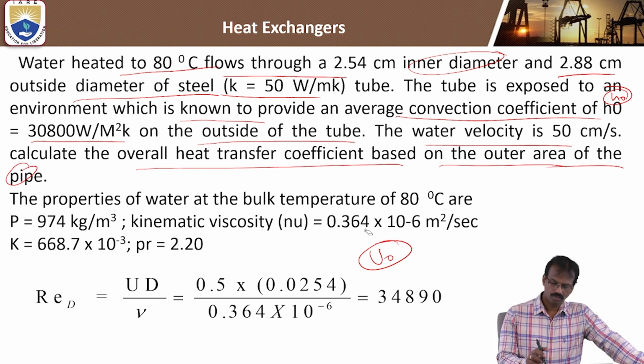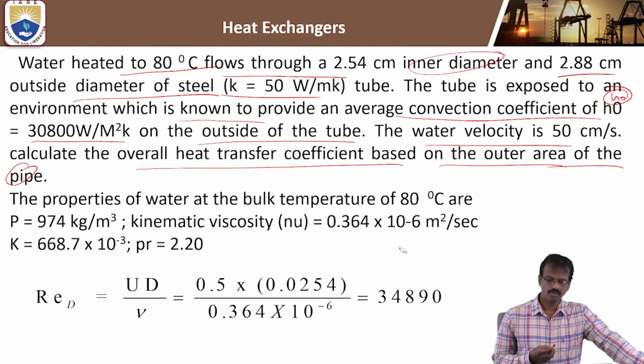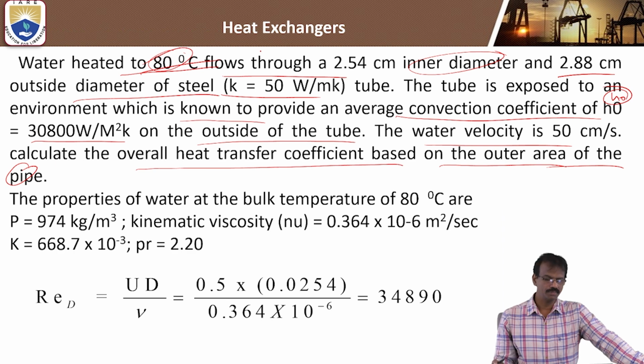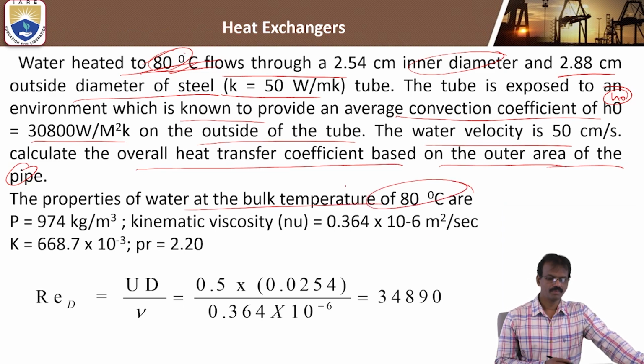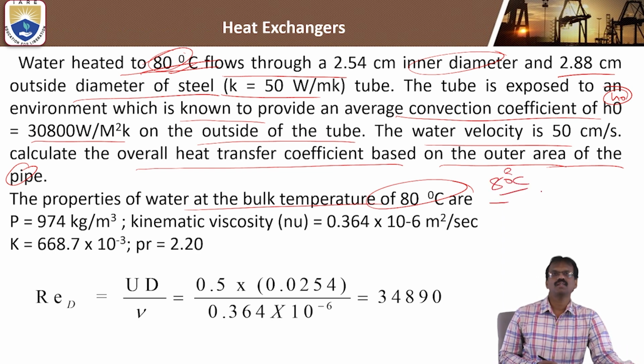Okay. You know the temperature: water heated to 80 degrees Celsius. Based upon this temperature, we can take the properties of the water at bulk temperature, 80 degrees Celsius. You can take the properties from the data book.